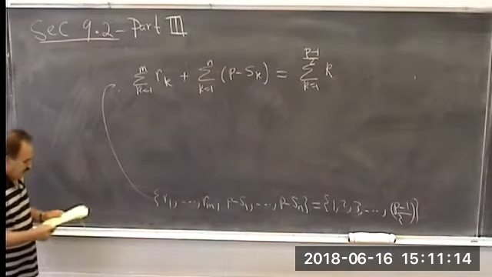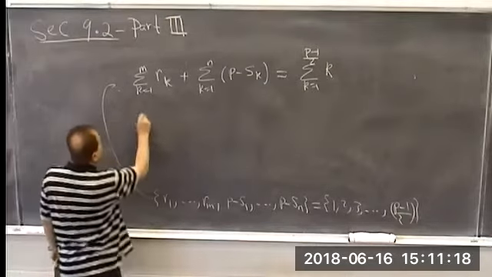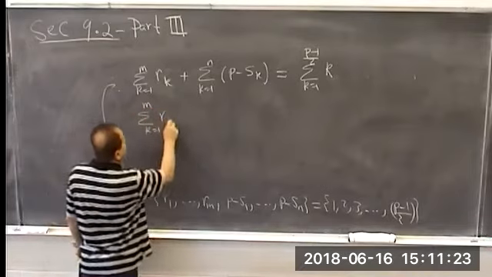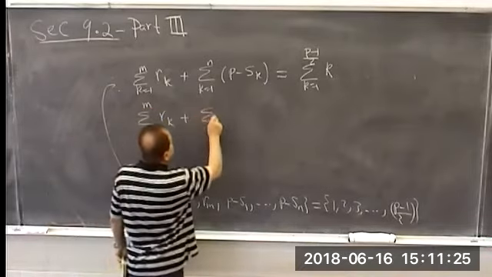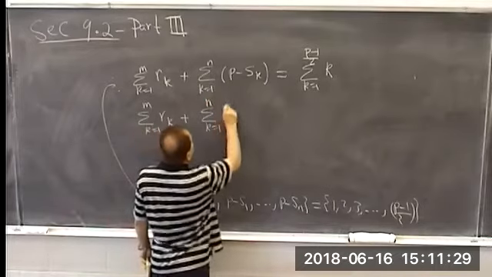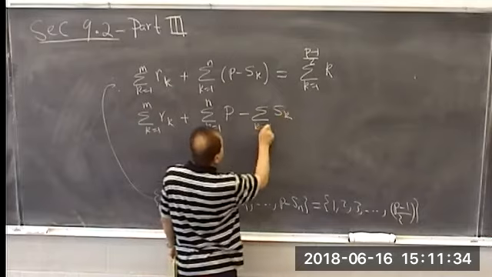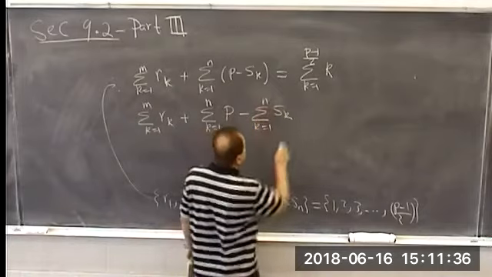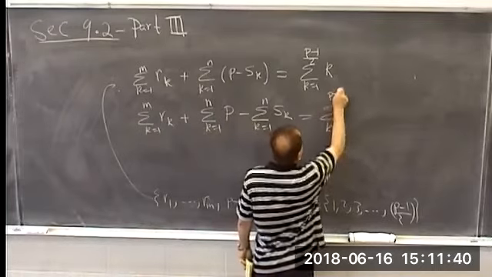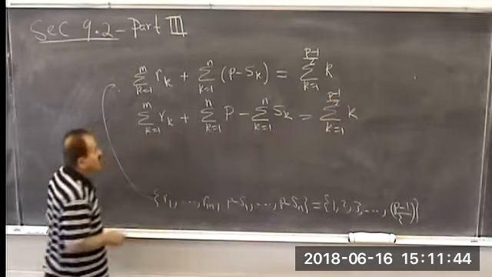All right, so let's simplify this. This gives me the summation k equal 1 to m of r sub k, and I can separate this into two summations, one for p, one for the s sub k, and then the other side, 1 up to (p minus 1)/2.